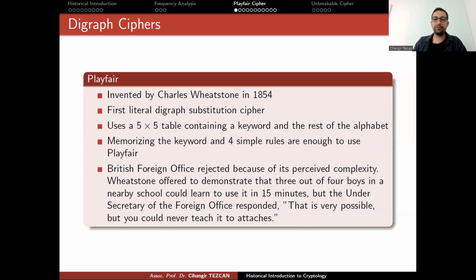But the Undersecretary of the Foreign Office responded, that is very possible, but you could never teach it to attachés. The embassies would use this encryption algorithm, and they thought it would be very hard for the officers to use it. But what happened is that the British chose not to use it, other countries started to use it, and then the British also started to use it.